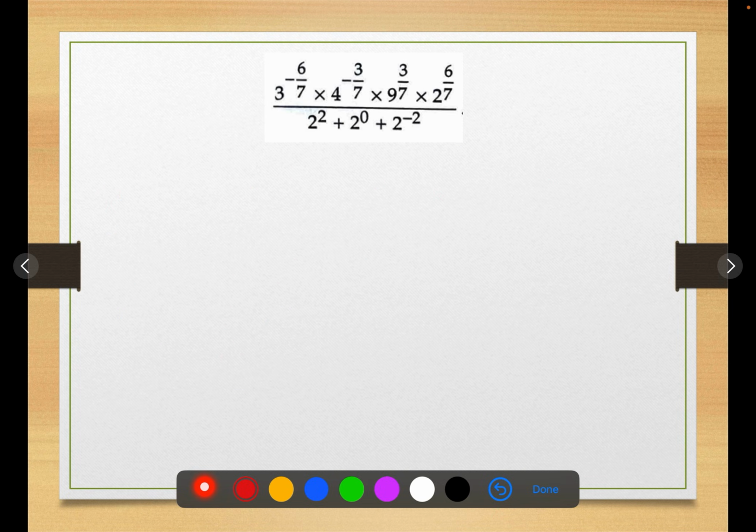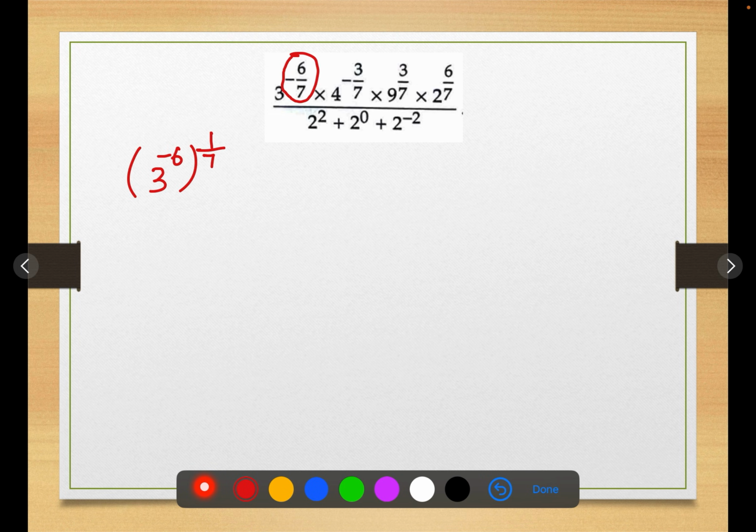Next. Okay, so what can I see here? I can see 3 as a base, 4 as a base, 9 as a base, 2 as a base, and none of them can be written with the power of 7. Right? So what will I do now? I'll use a different strategy here. 3 to the power minus 6 to the power 1 upon 7.